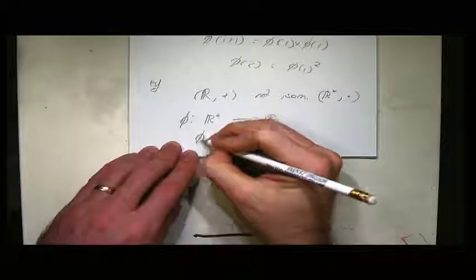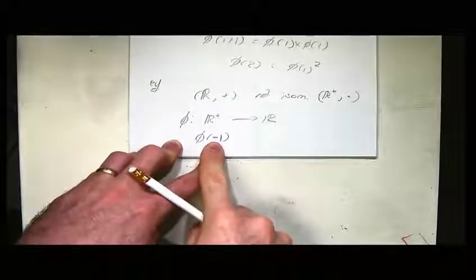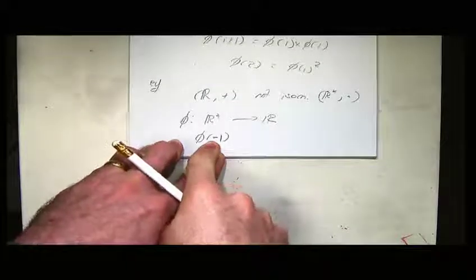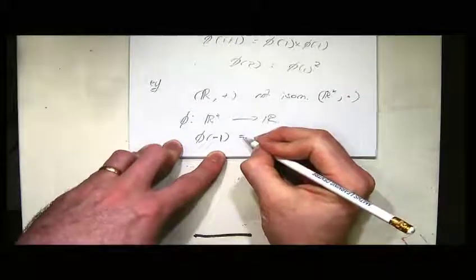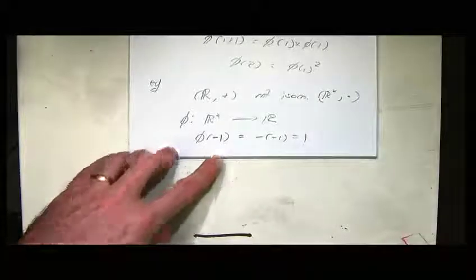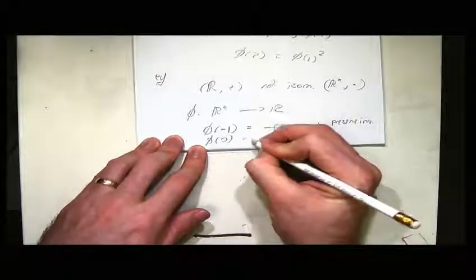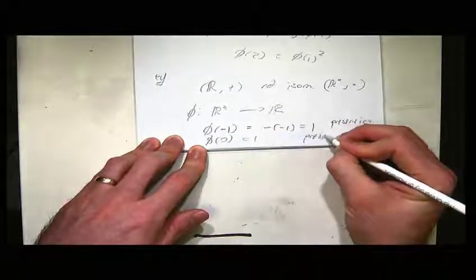So phi of -1 has to preserve inverses, and so this would be the inverse of -1 over here, which would be 1. But phi of 0 is 1 since it preserves the identity, and so it's not 1 to 1, because I've got two things that produce the same answer.